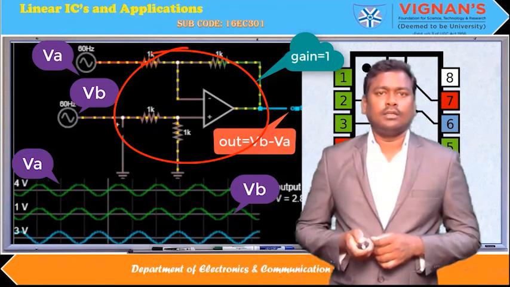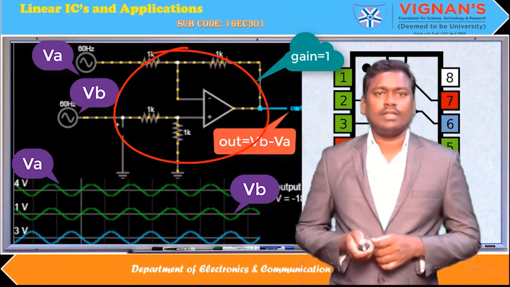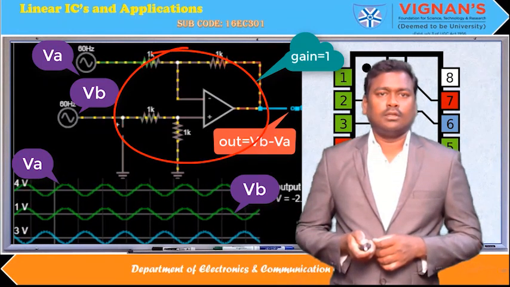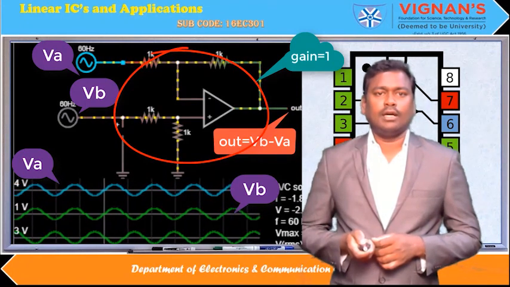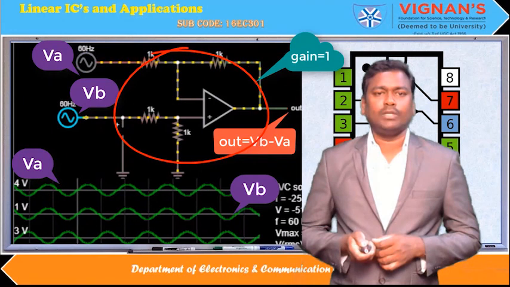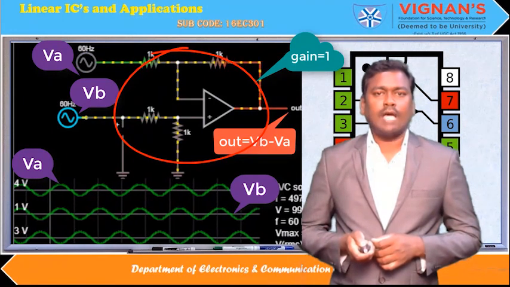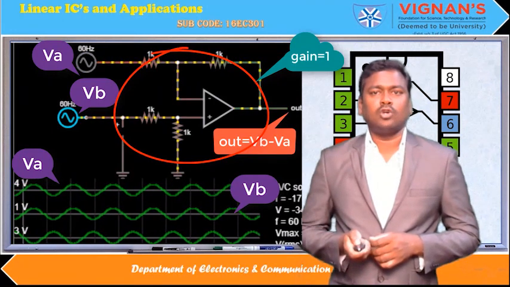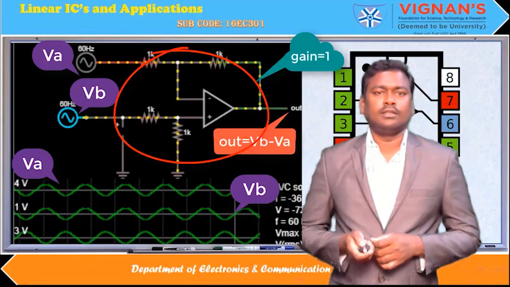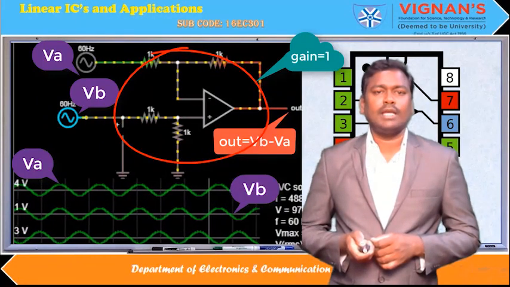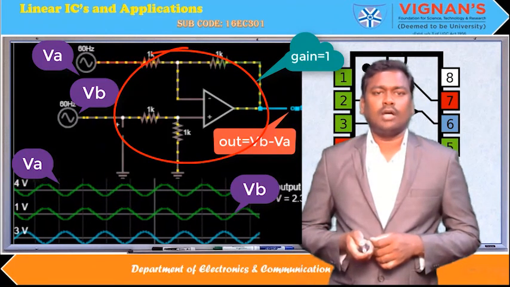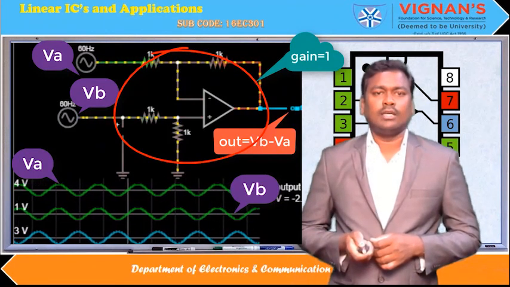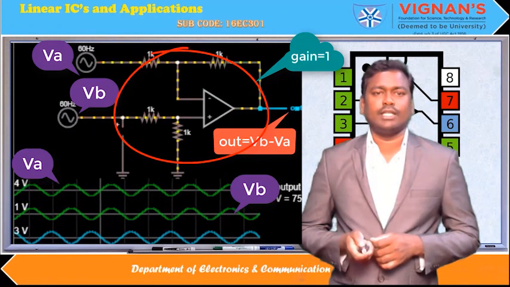Here the first one is 4 volts peak to peak, and the second one is 1 volt peak to peak. As per the subtractor, the output signal Vb minus Va is equivalent to minus 3 volts. Here minus means the output signal has a 180 degree phase shift with the input signals.